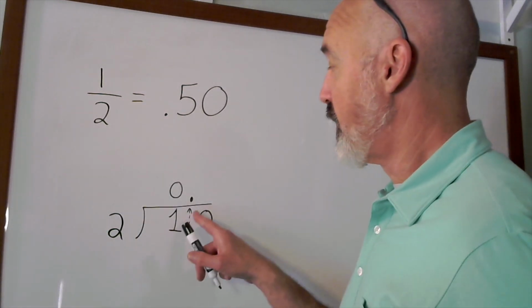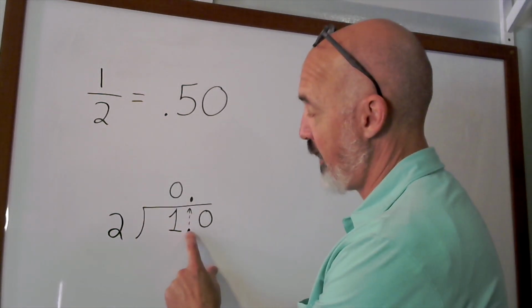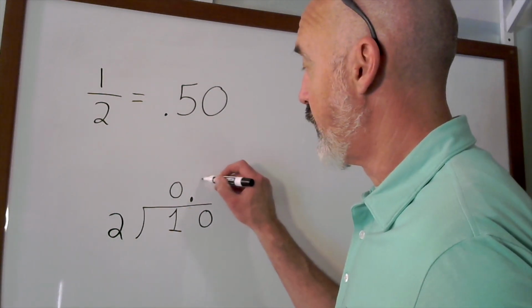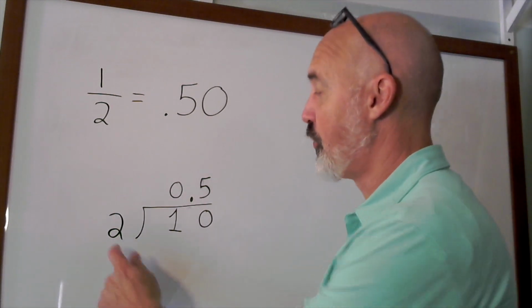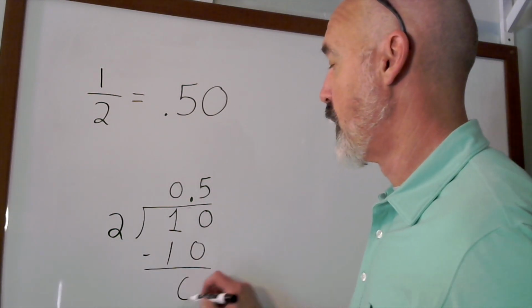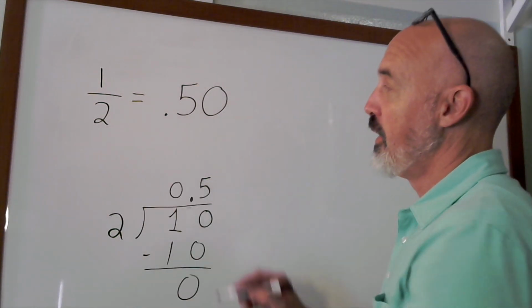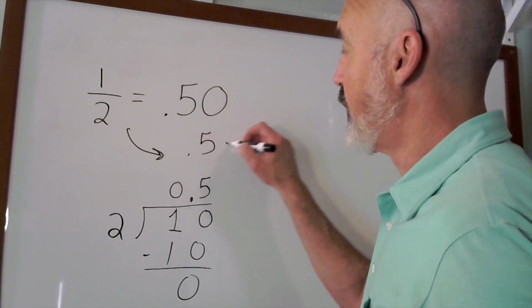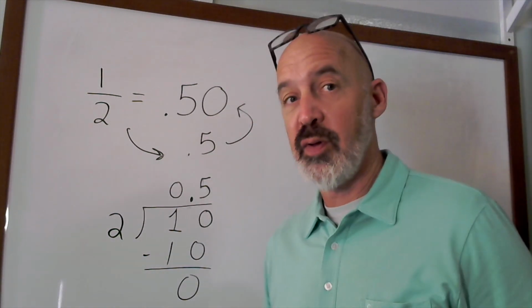So now this looks just like 10, if I effectively move that out of the way. So I can get 5 groups of 2 out of 10. Exactly. So 1/2 is equivalent to 5/10, which is equivalent to 50/100.